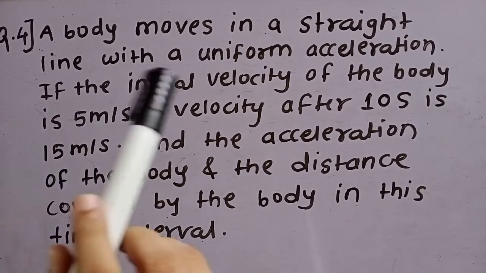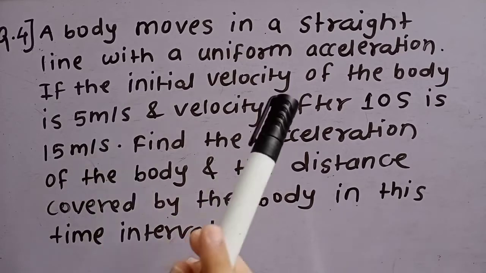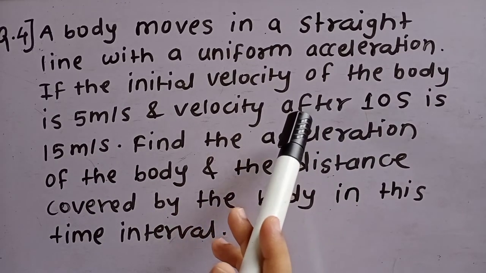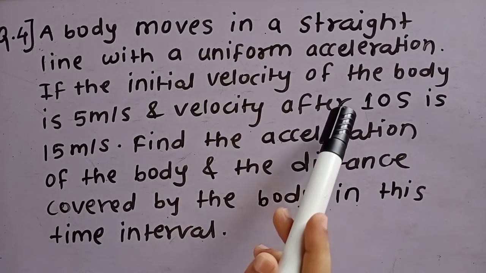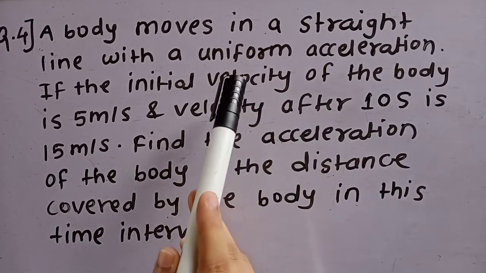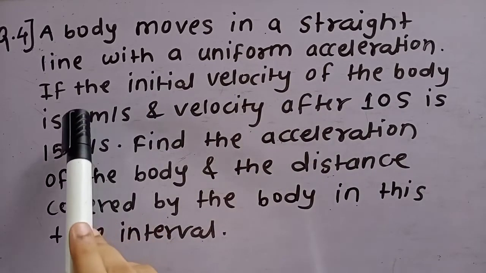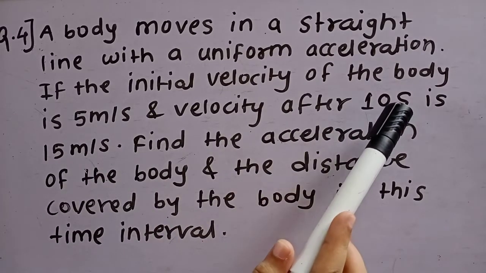Initial velocity u is 5 meter per second, final velocity v is 15 meter per second, and time t is 10 seconds.